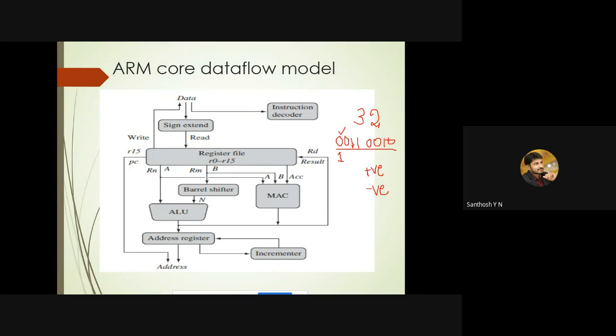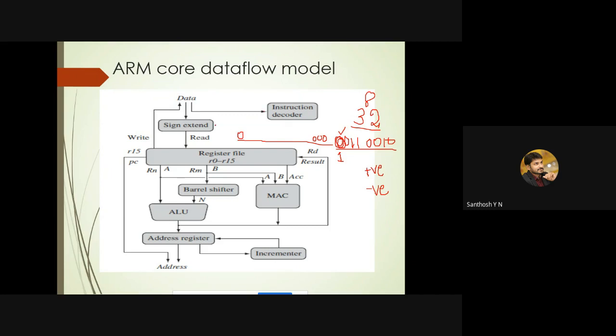Now if I want to make this a 32-bit data, this is just 8-bit data, so I have to extend the same sign for the rest of the positions. I have filled only 8 positions; the 9th position, 10th position, 11th position, like that I have to fill till the 31st position. So I'm extending my sign.